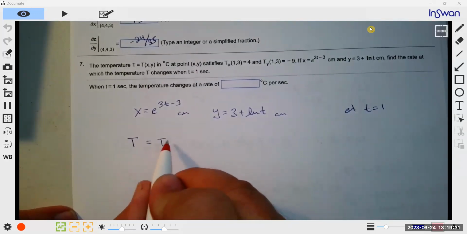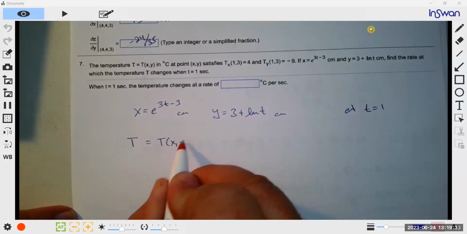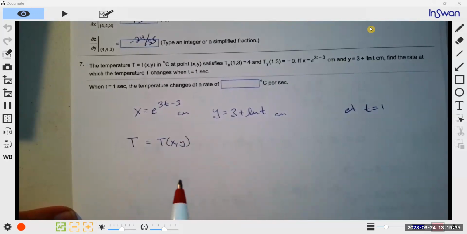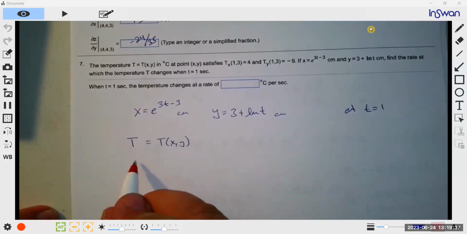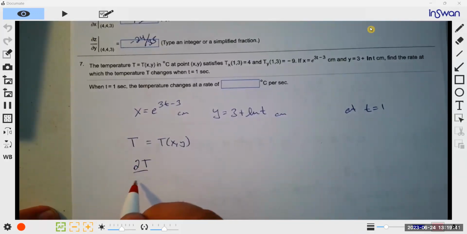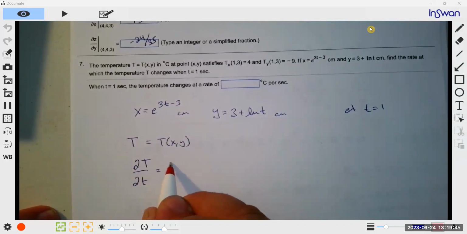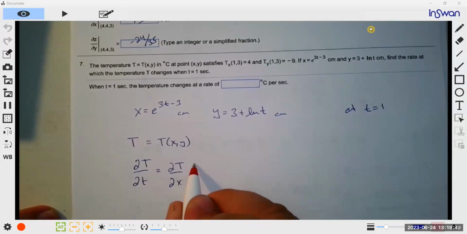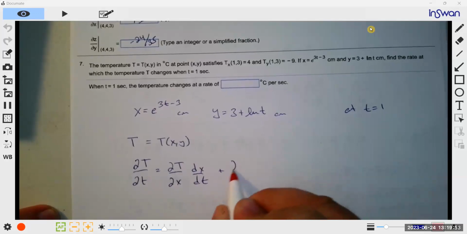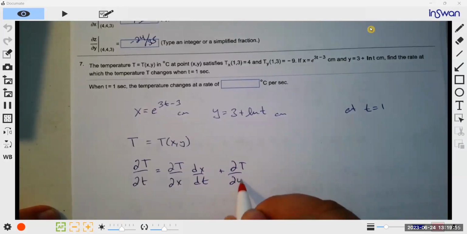So T is a function of t, x, and y. So the partial of T with respect to x, the partial of T with respect to y.